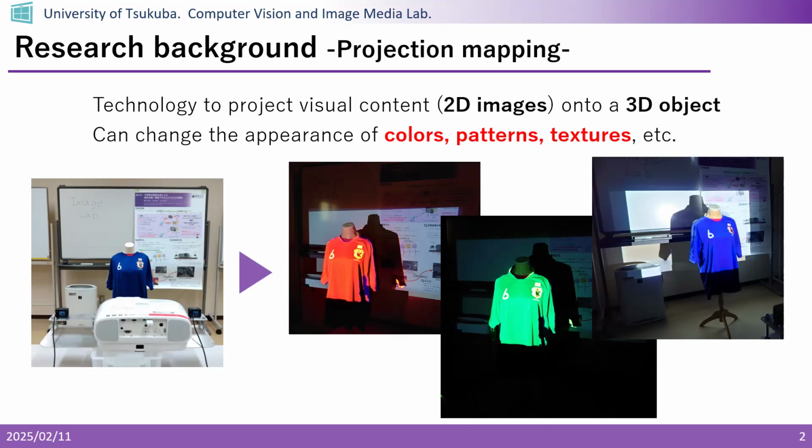Light is projected onto a mannequin wearing a blue uniform, changing the uniform's color to red, green, or blue. In this way, projection mapping can change the appearance of an object. For example, colors, patterns, textures, and so on.